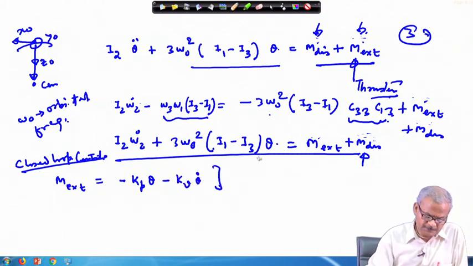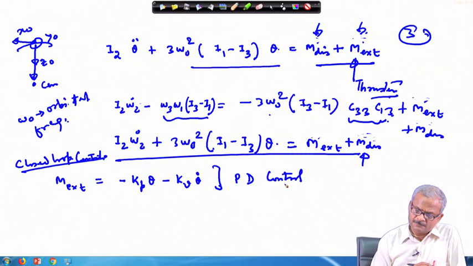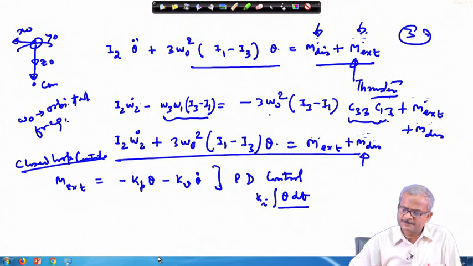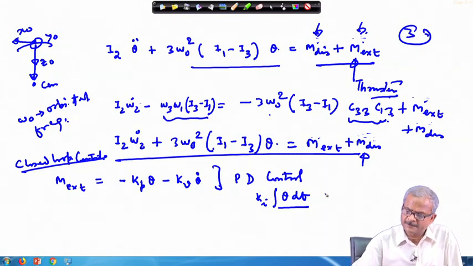So, this is your P D control. If you want to improve on this, then you can put an I D part, means we have to add a k I times integral of theta dt. This is the integral part.